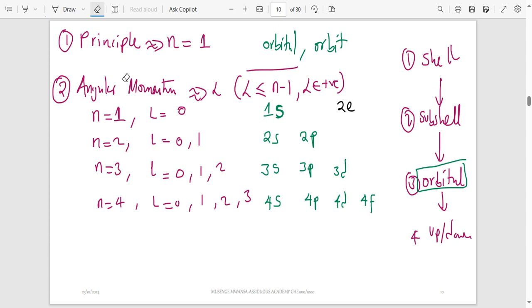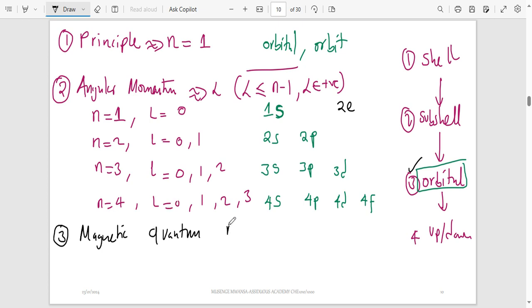So after the angular momentum quantum number, now we're going to go to what is known as the orbitals. And that is known as the magnetic quantum number. The magnetic quantum number is going to describe the orbital that is related to a sublevel. So after a sublevel, we're going to have an orbital. How do you find the magnetic quantum number?